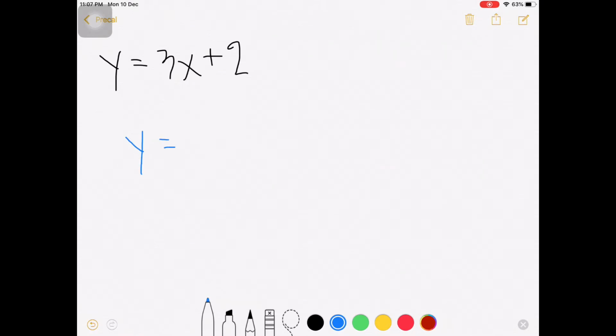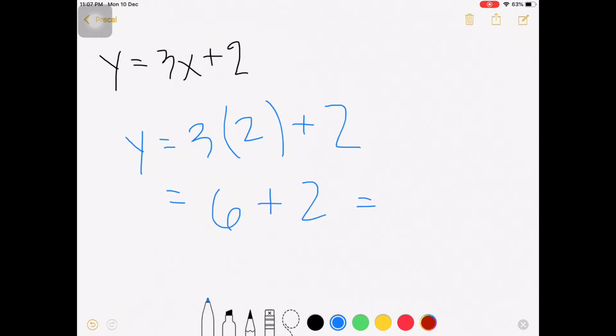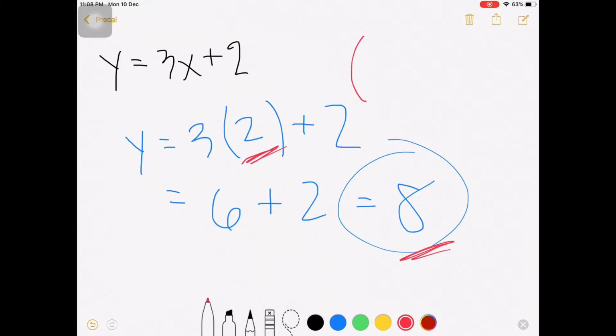So y is equal to 3 times 2 plus 2. So 3 times 2 is 6, plus 2, it's 8. So now we have our y value, and then our x value is 2. So the second point that we discovered is 2, 8.